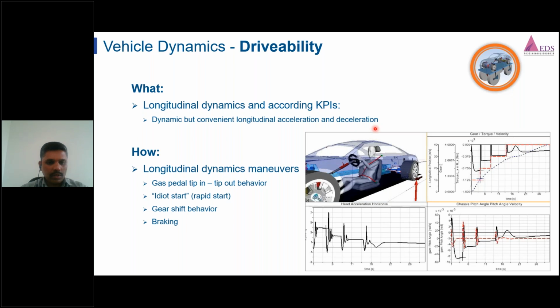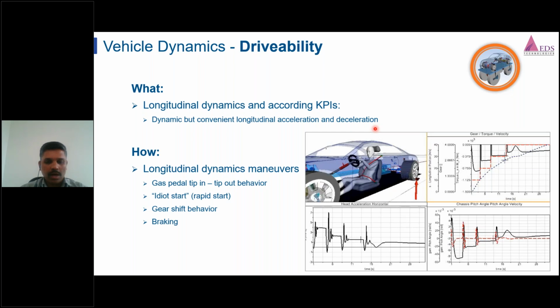How can this be assessed and optimized using simulation? That's basically used in longitudinal dynamics, complete vehicle maneuvers. For instance, we can do the gas pedal tip in and tip out behavior simulation. Then idiot start, also called a rapid start, right? Idiot start is basically revving up the engine and dropping the clutch.